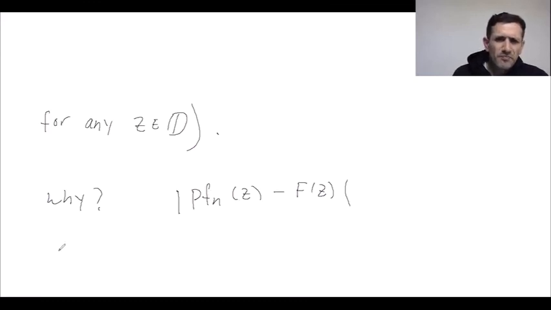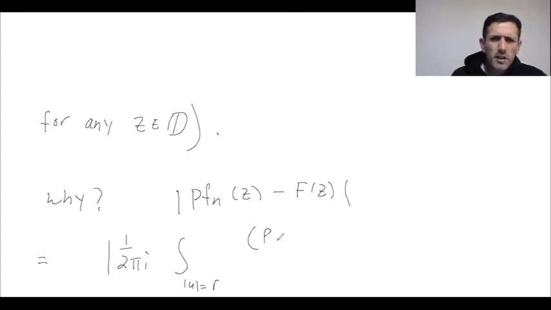So this equals, for any r between 0 and 1, 1 over 2 pi i times the integral, u equals r, of Pfn of u minus F of u, over u minus z, du.